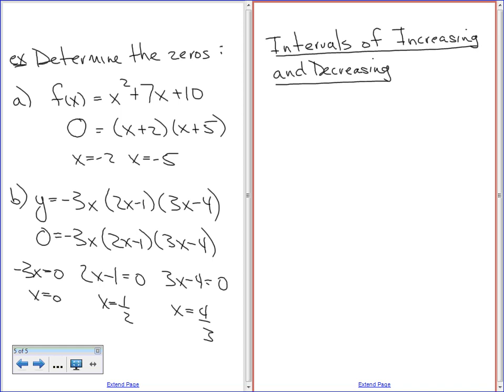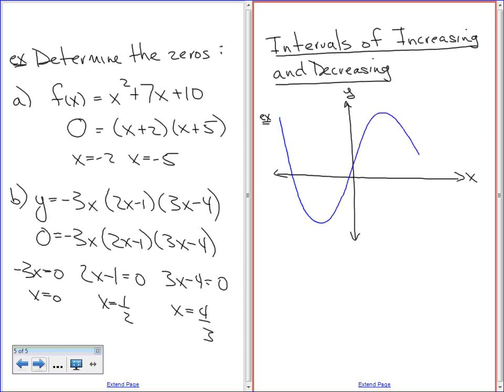So to talk about intervals of increasing and decreasing, I'm just going to do an example. So my x and my y axes, and I'll have a function. So that's my function y is equal to f of x.